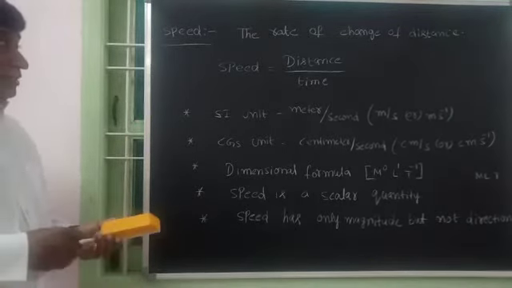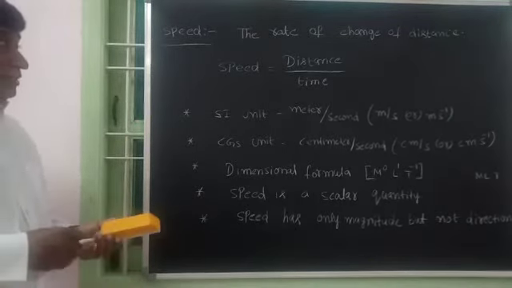As an example, if you are riding a bike or car, the average speed per hour we can say is 40 kilometers per hour. Whereas instantaneous speed is the speed at that particular instant of time. For example, you started your journey from 8 a.m. to 9 a.m., and the overall average speed is 40 kilometers per hour.